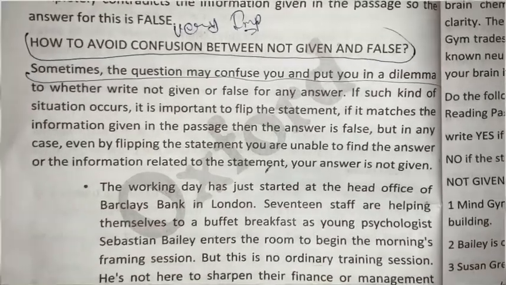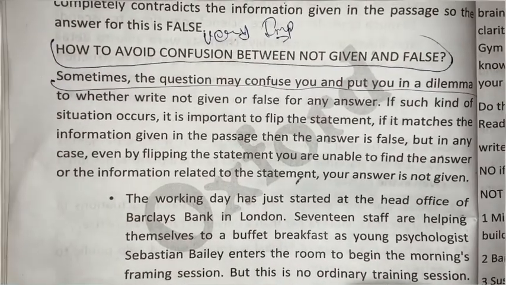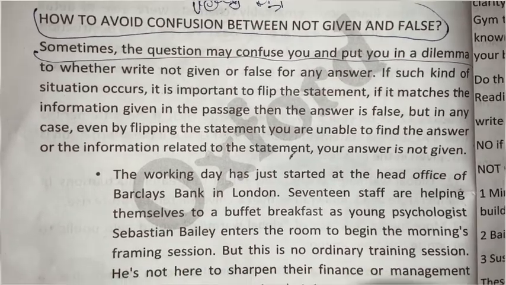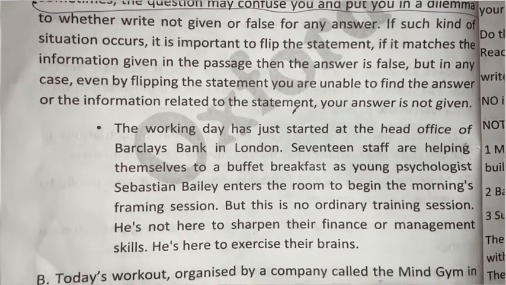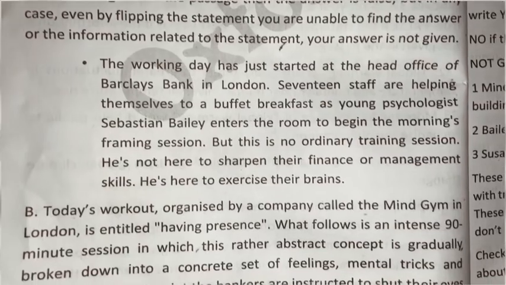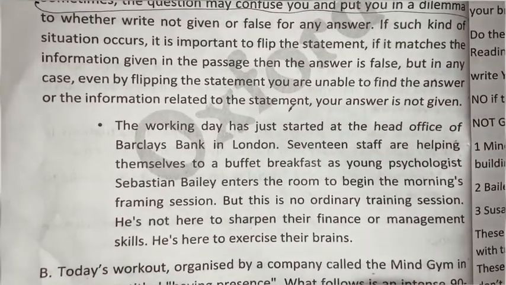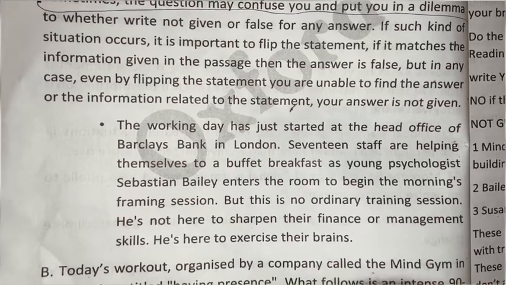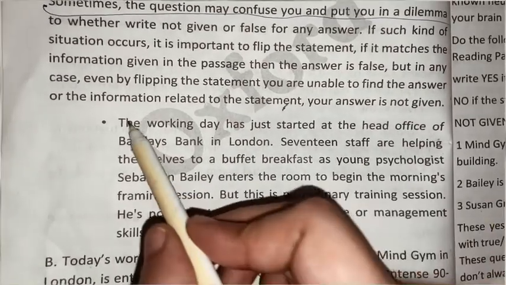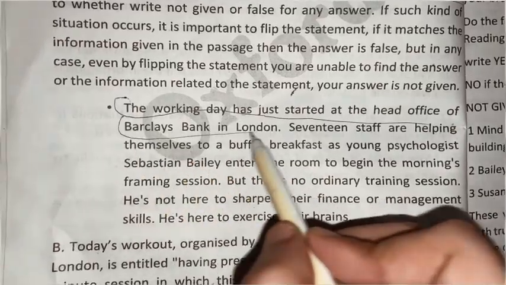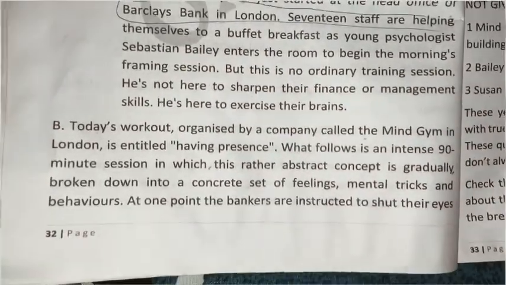So what you can do, if such a question occurs, is flip the statement. If it matches the information given in the passage, then the answer is false. But if, even by flipping the statement, you are unable to find the information related to the statement, your answer is not given.